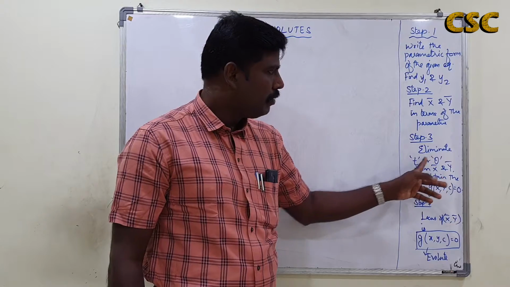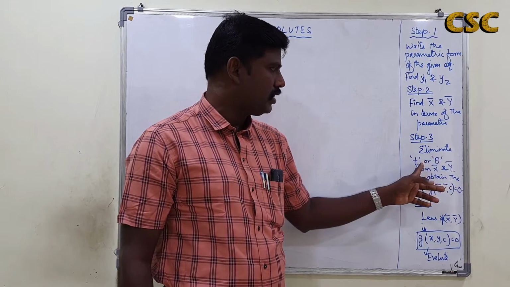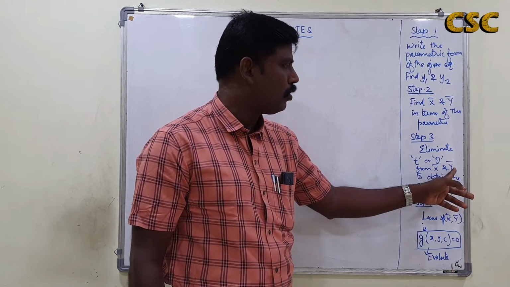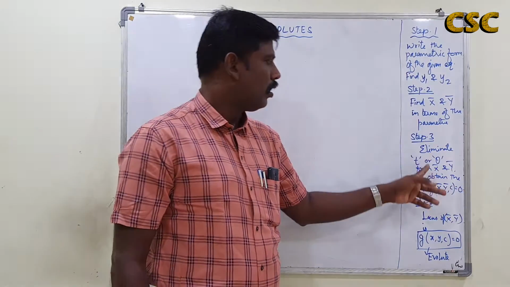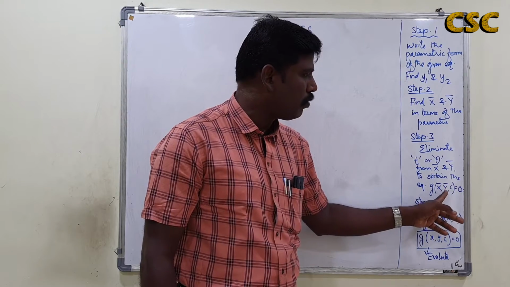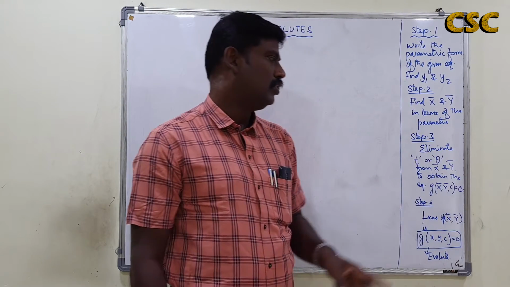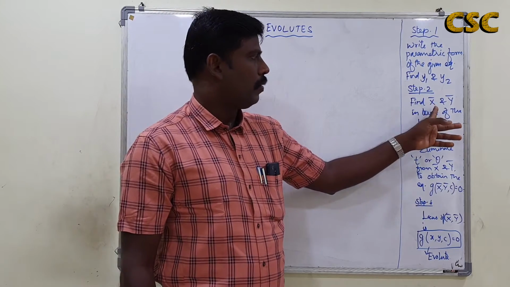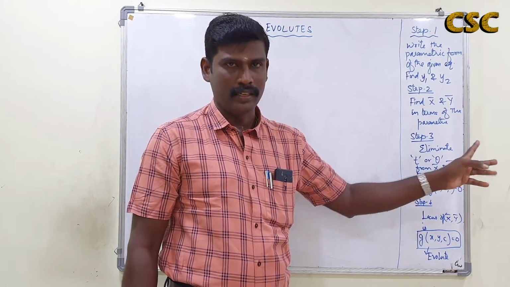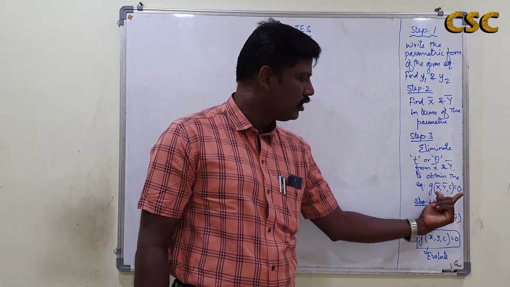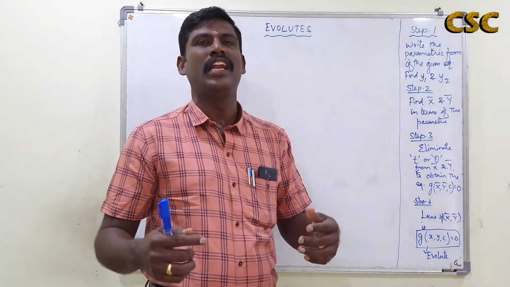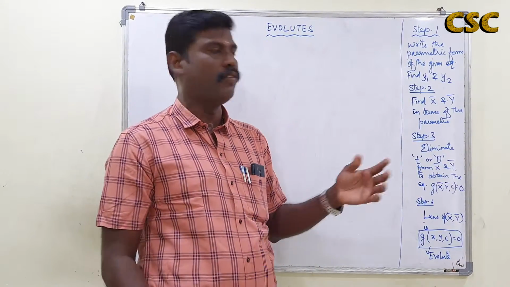Step 3: eliminate theta or t, that is, eliminate the parameter from x bar and y bar, to get the relationship g of x bar comma y bar comma c equal to 0. That means you will get the relationship connecting x bar and y bar.